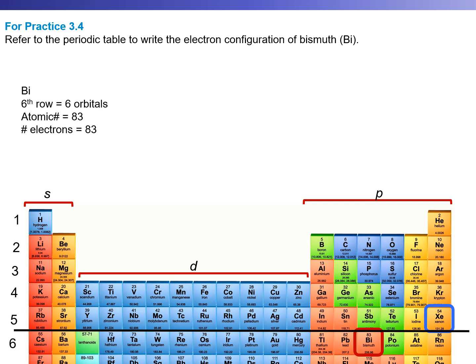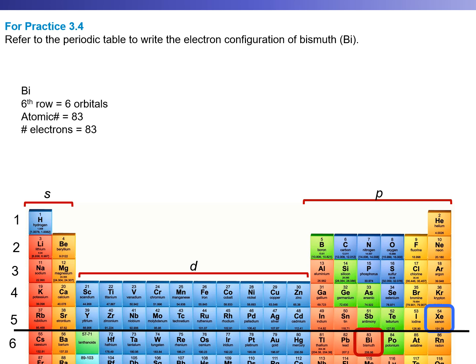So everything in row 5 is going to be full. So our 5s, our 5p, and when it comes to the D, it's not the same number as the row, it's the preceding row. So that would be 4d. All of that's going to be full.